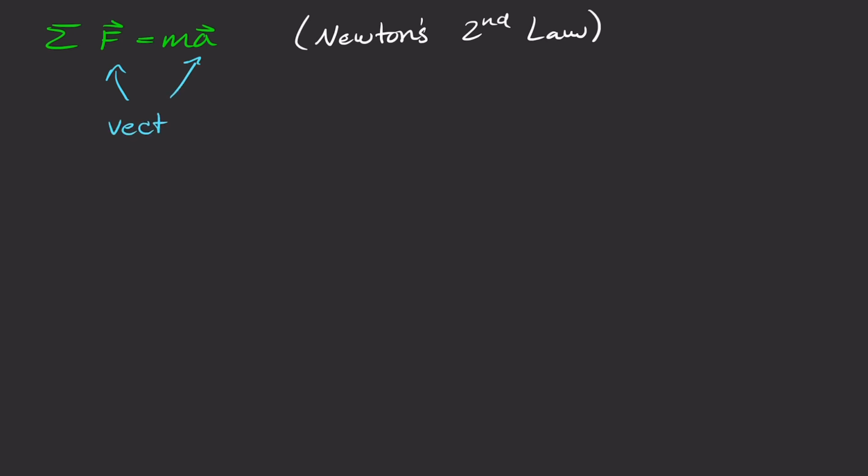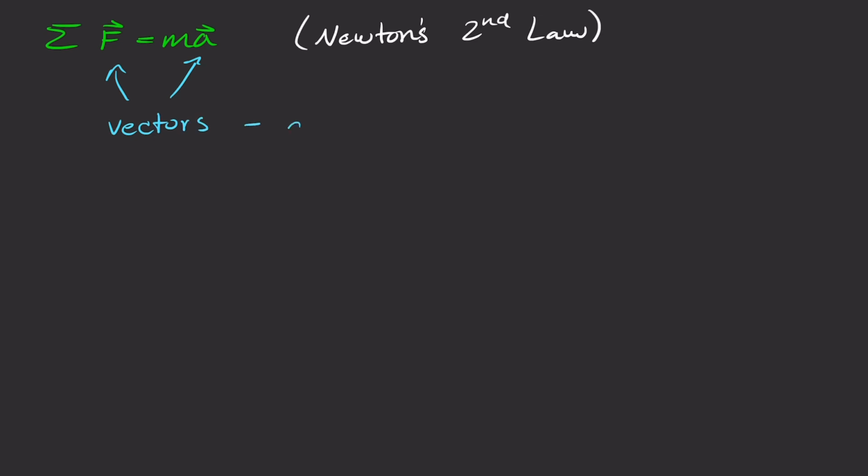We write Newton's second law again. So F equals ma. Hear that said a lot. So this is Newton's second law. Both of these have vector hats. So both force and acceleration are vectors.